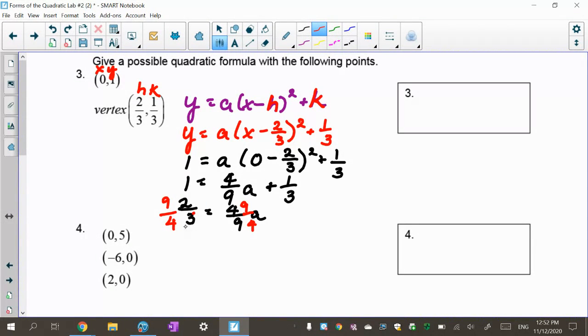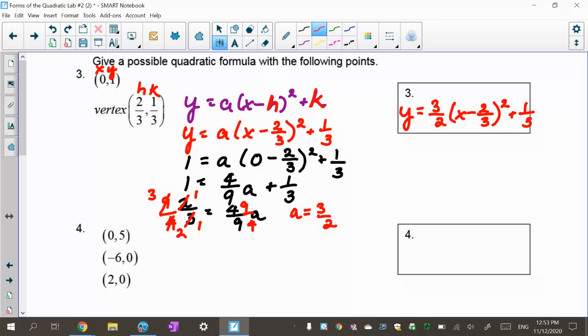And when I do that, 3 goes in there 3 times. You can do this all on your calculator, but I like doing this. So a comes out to be 3/2. But you could just do 2/3 times 9/4, and it would come out to be 3/2. So y equals 3/2 (x - 2/3)^2 + 1/3.